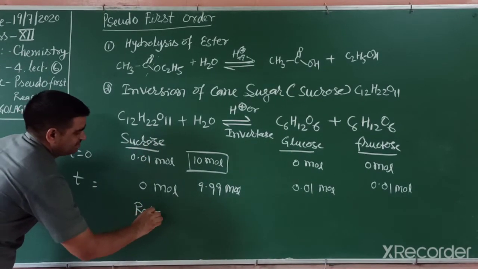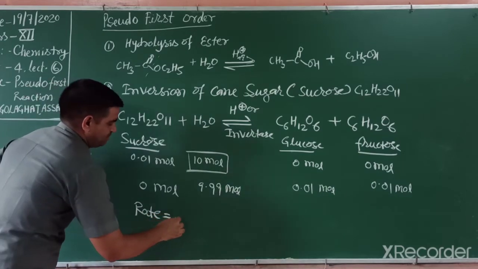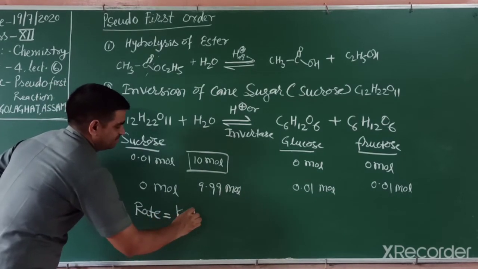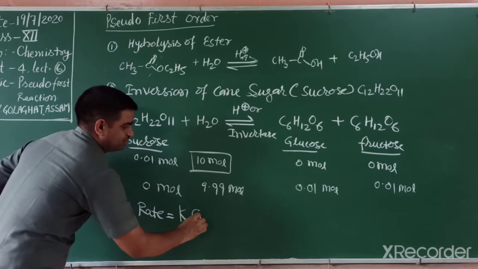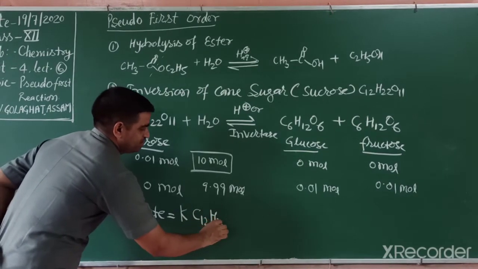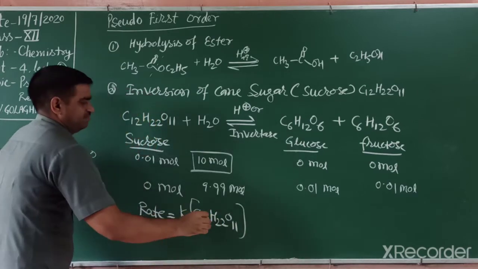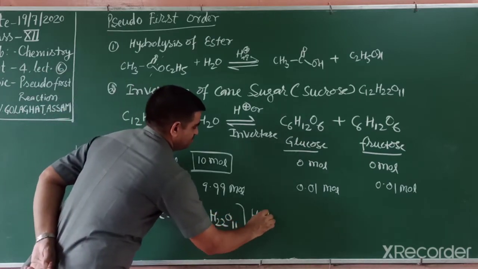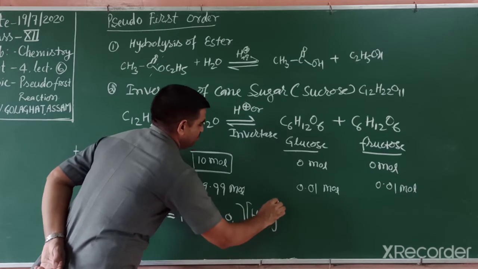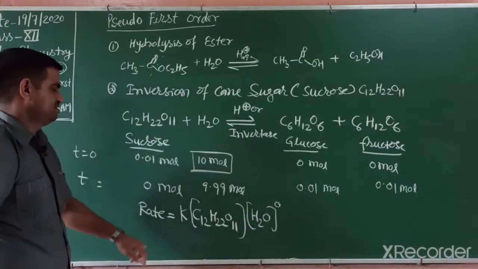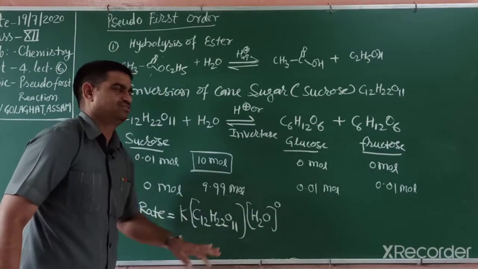Rate is equal to, students, you can write K, concentration of C12H22O11 power 1, and concentration of water power 0. Or you write K dash, concentration of sucrose.